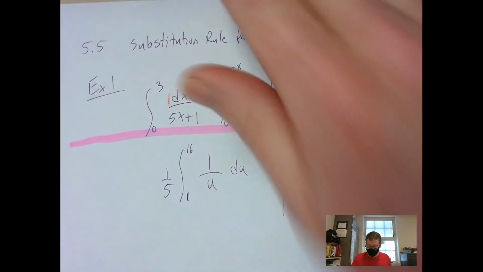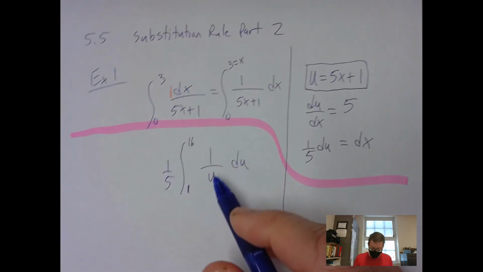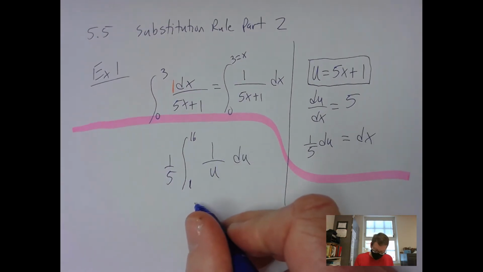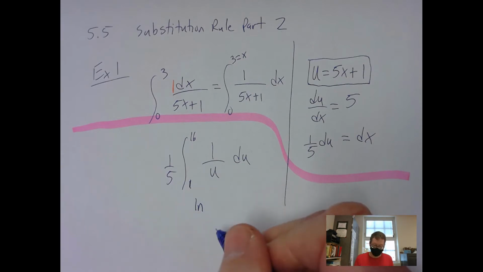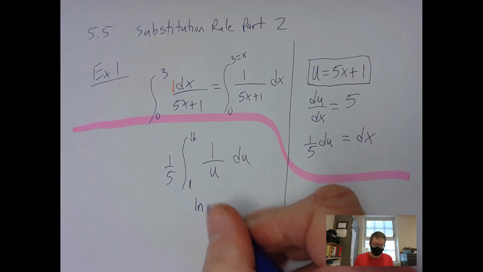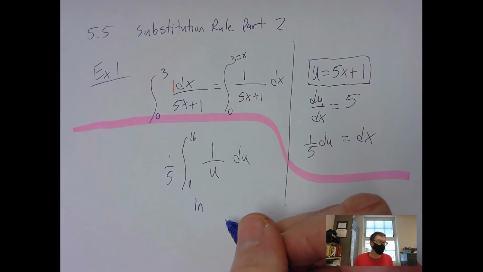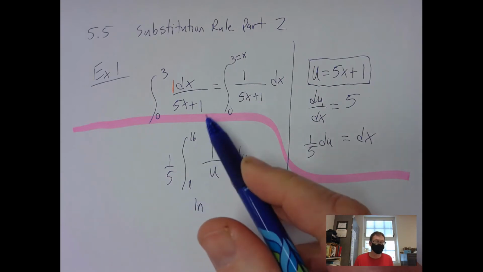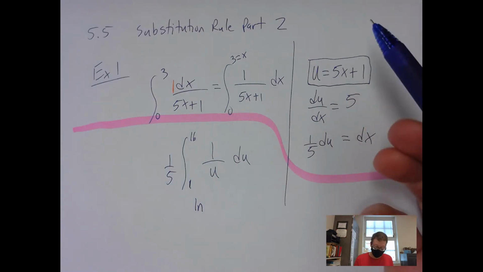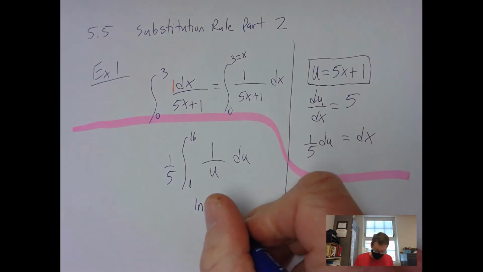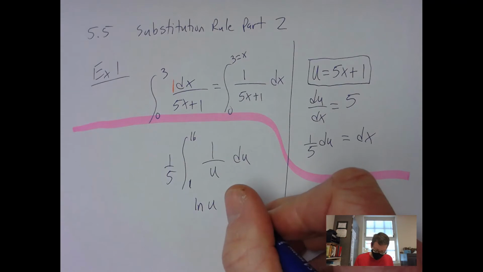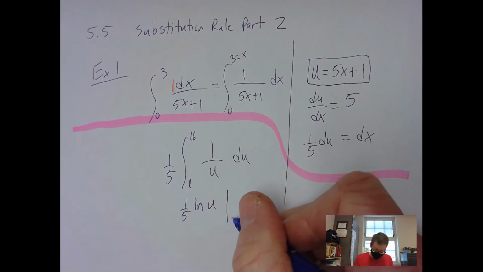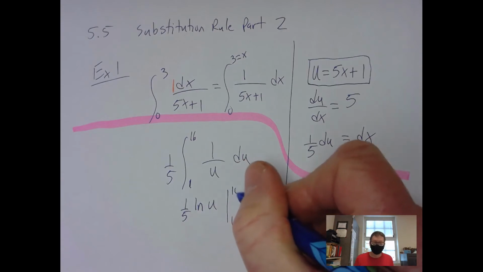Okay, so let's get it. Antiderivative, natural log, absolute value of u. Now, I don't need the absolute value because my limits of integration are from 1 to 16, which are all positive numbers. And then 1/5 in the front, line, 1 and 16.